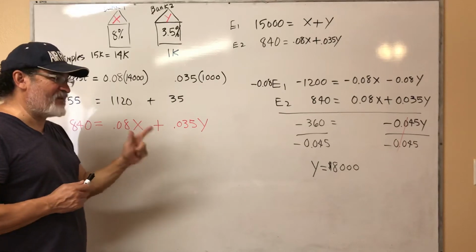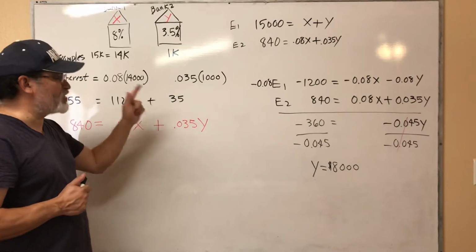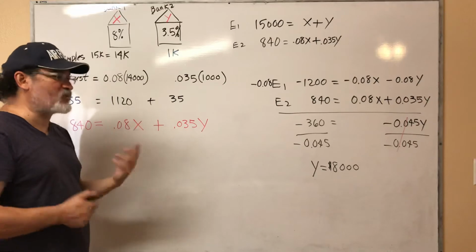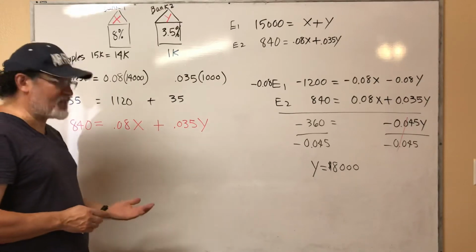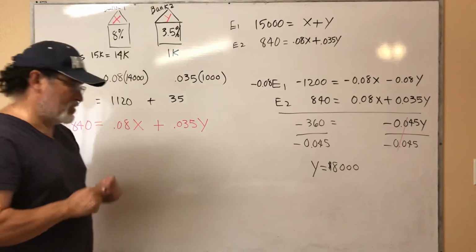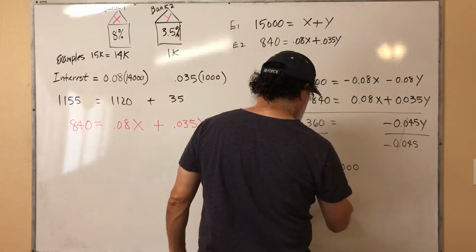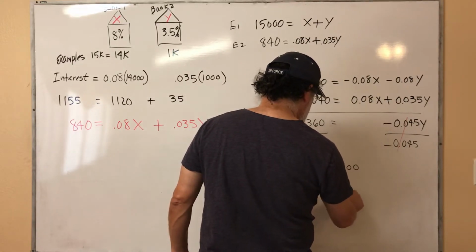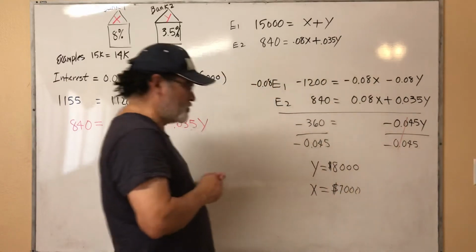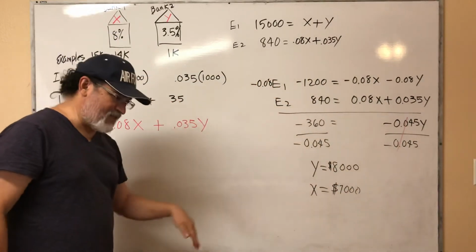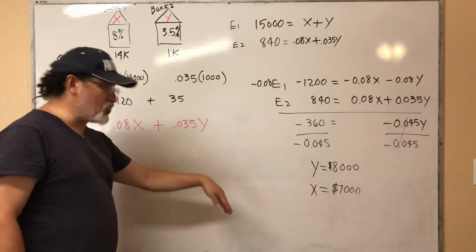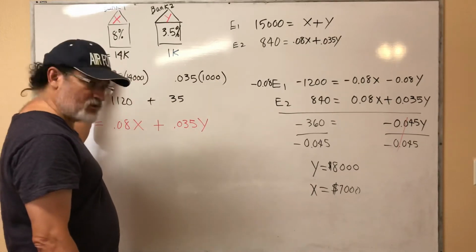$8,000 have been invested at 3.5%, and the rest, what's the rest? $7,000, right? So X must equal $7,000, because 7,000 plus 8,000 equals 15,000.